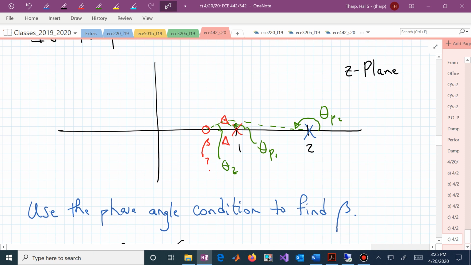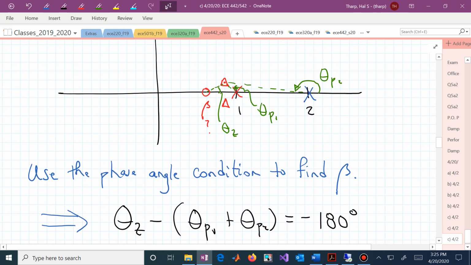What does that mean? That means that the angles contributed by these two poles and a zero need to sum to minus 180 if they're on the root locus. So we now know from the phase angle condition that the angle of the zero minus the angle of the two poles, it's just the pole that's the red X and the blue X. You don't consider the contribution due to that lower triangle.